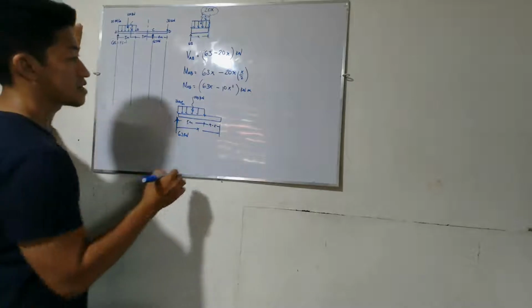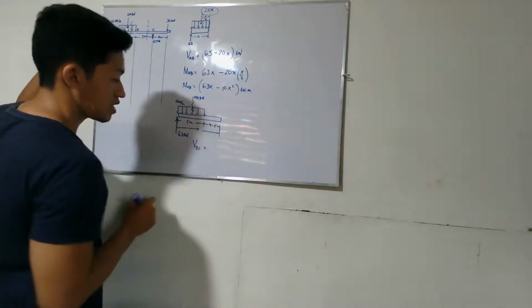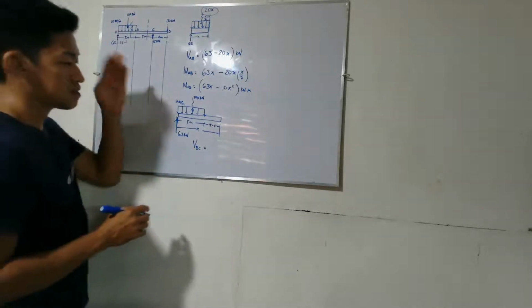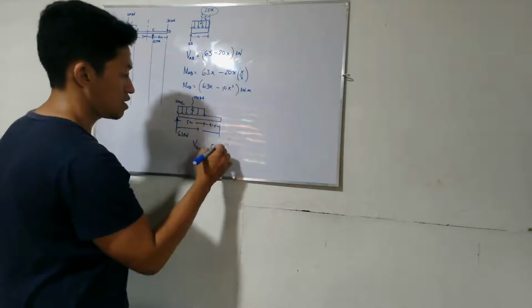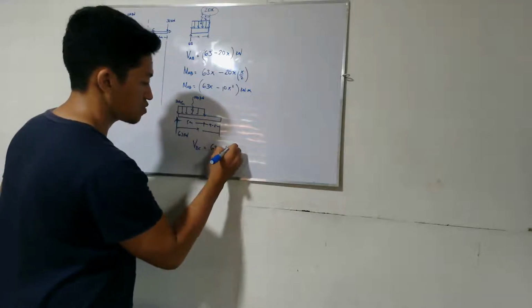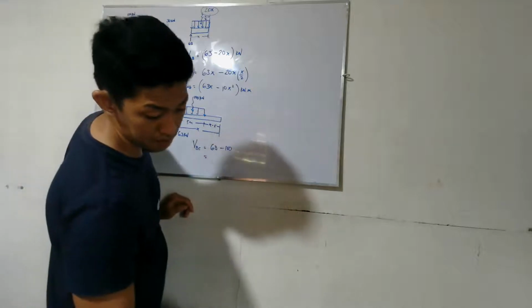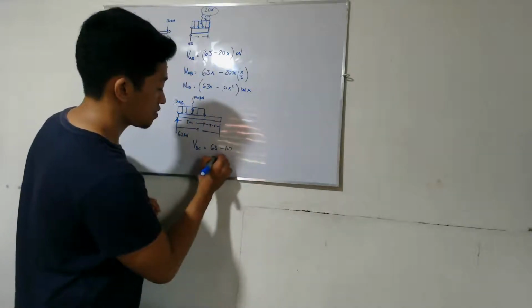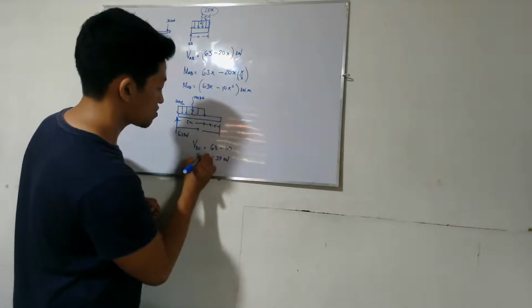Wala na. So, you have shearing force at BC is just upward positive, 63. Downward negative, minus 100. So, ang answer ani is negative 37 kilonewton. So, unsay pasabot ani constant ang answer.